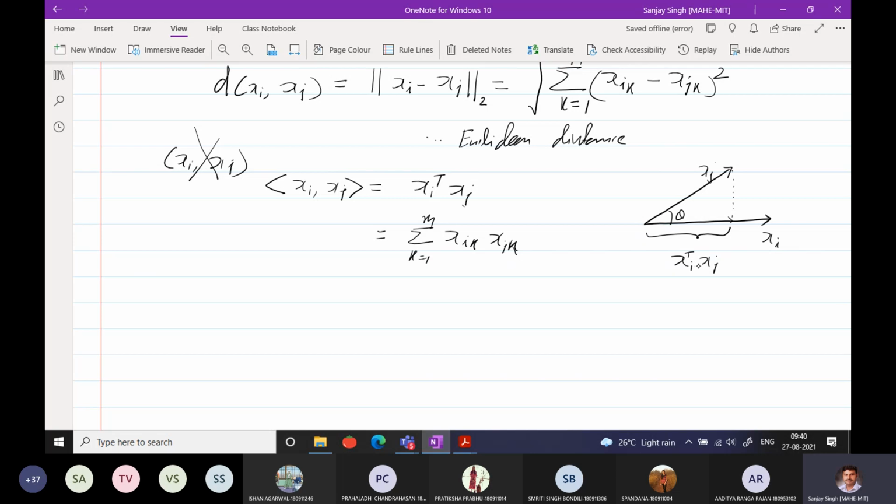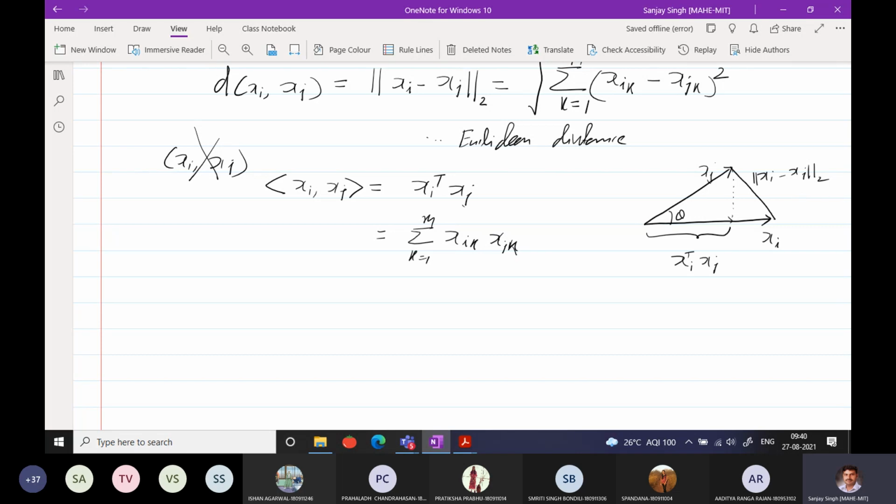Not necessarily always write xi transpose xj; I can say xj transpose xi also. Okay. So this is the inner product we found. And if I connect these two, this is nothing but your xi minus xj or xj minus xi, doesn't matter. So this is nothing but your Euclidean distance. You are finding a Euclidean distance.